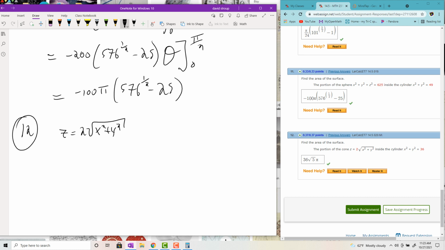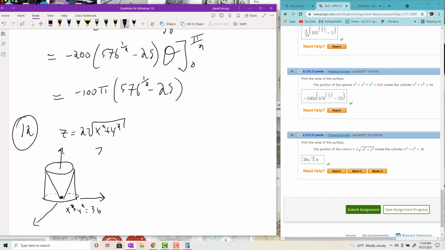So you're going to have a cylinder, x squared plus y squared is 36, and there's this cone inside of it. You're basically integrating over this circle in the xy plane, x squared plus y squared is 36.